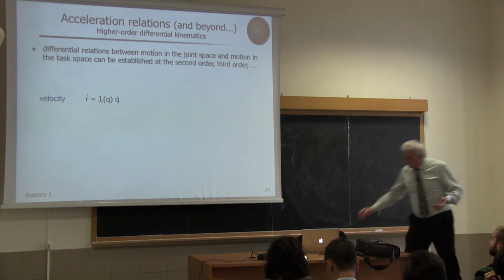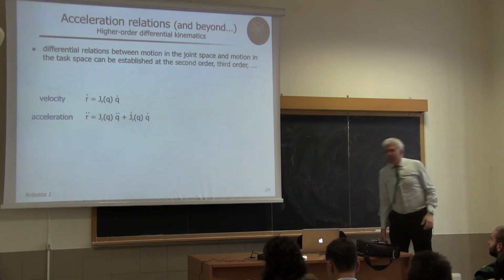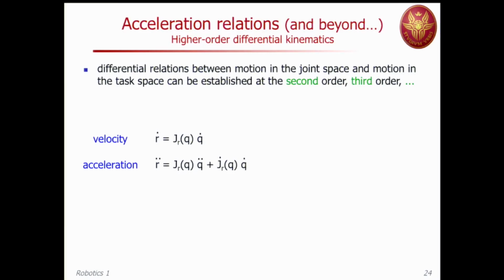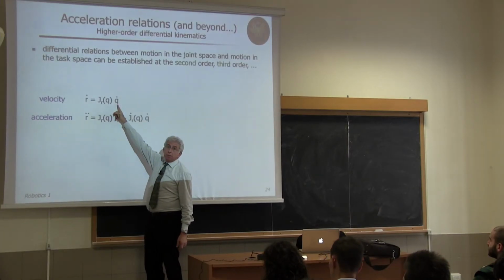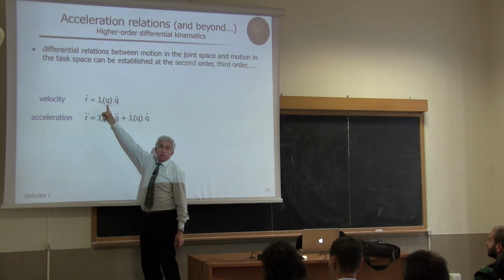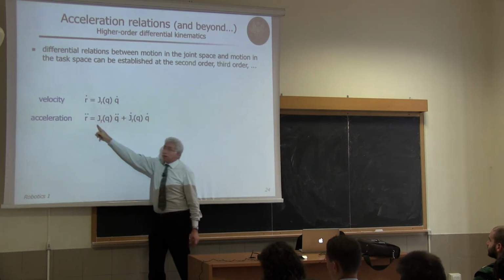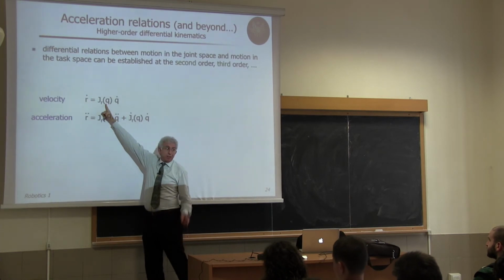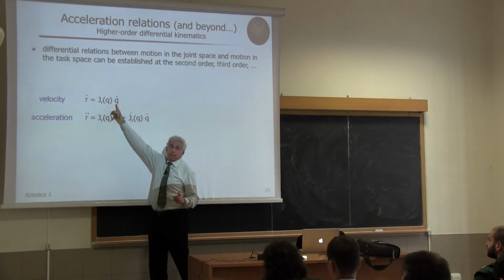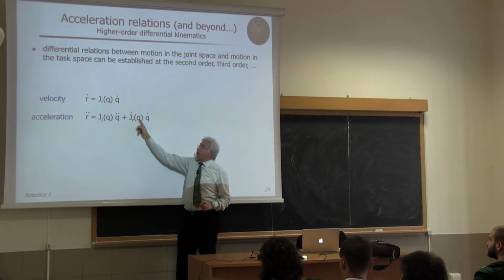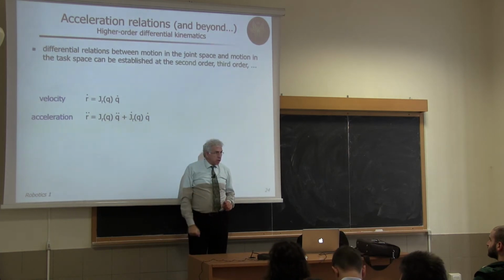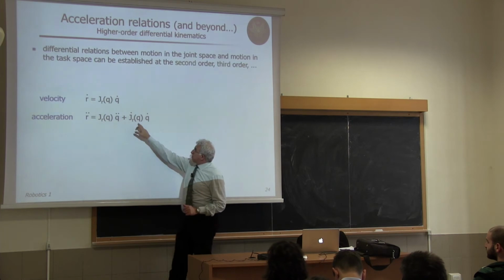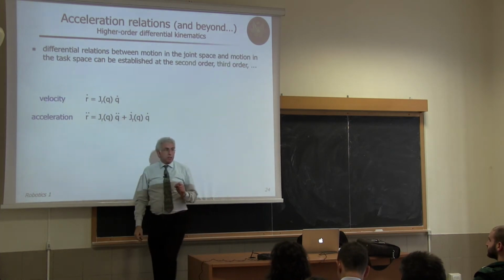Well, simple. Just take the derivative once more, but here now you have 2 terms, so you differentiate this with respect to time and you keep this untouched, and this is the first contribution. And then you differentiate this with respect to time, pay attention, and leave this untouched, and you have this J dot q dot. What does it mean to differentiate this matrix with respect to time?